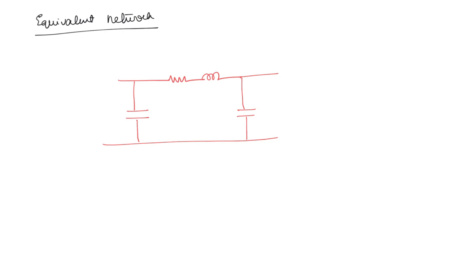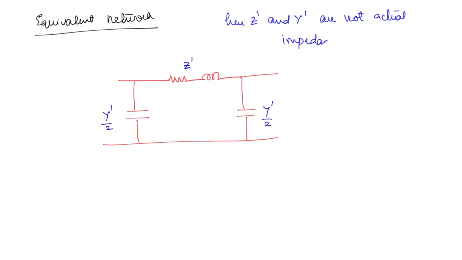So these are not the actual impedance and admittance of the line. We will take this as Z dash to differentiate from the actual impedance, and this as Y dash by 2, Y dash by 2. Here Z dash and Y dash are not the actual impedance and admittance of the line.